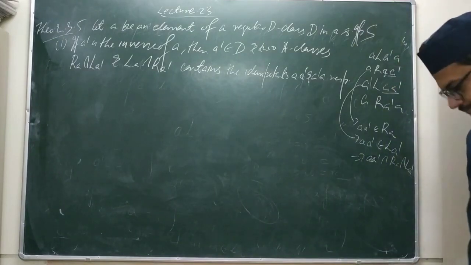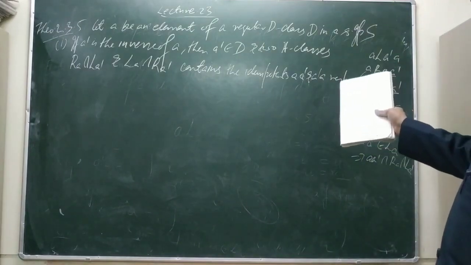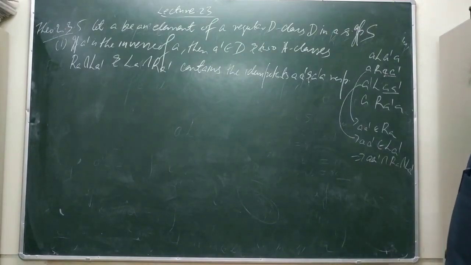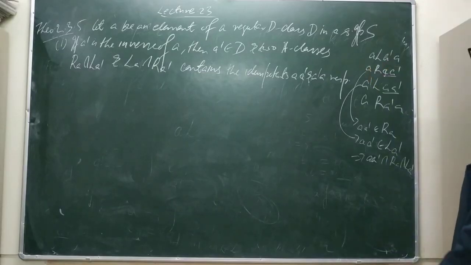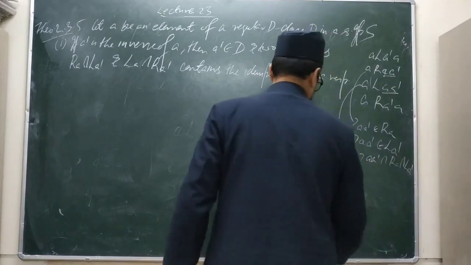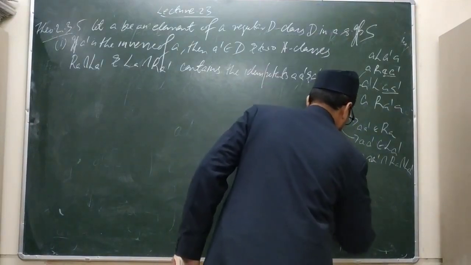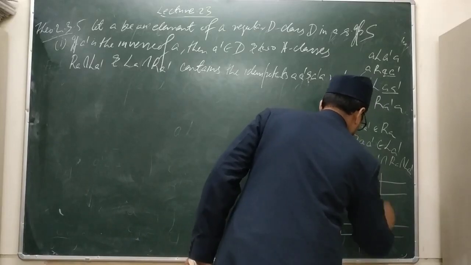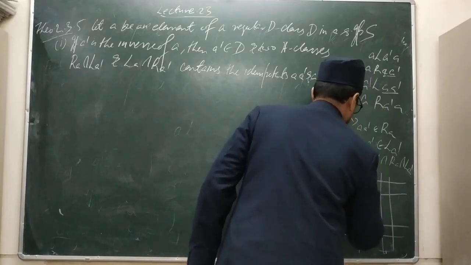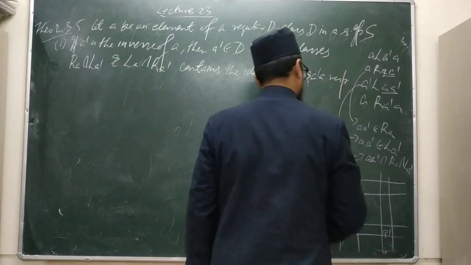So in this way, similarly we can prove a'a belongs to L_a intersection R_a', and we can also draw it like this. This is a, this is a', correct?